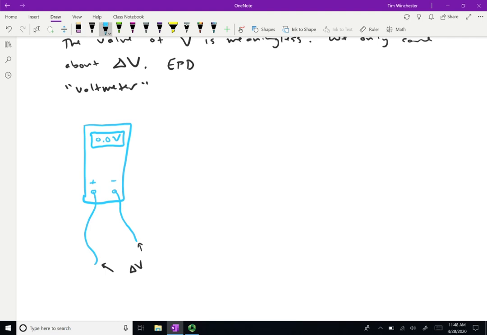An example of that is, let's say you take the voltmeter with its two leads and you attach them to a battery. Here's my picture of a D battery. Let's say I attach one lead to this side and the other lead to this side.